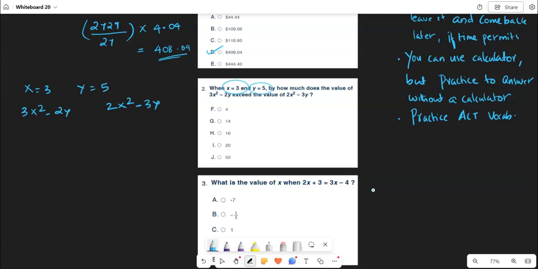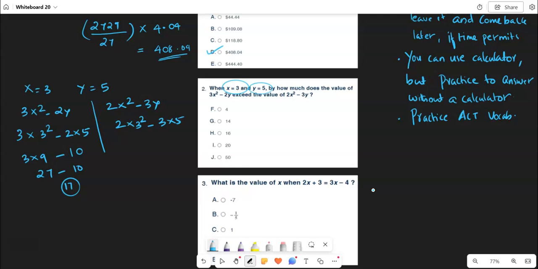When x is equal to 3 and y is equal to 5, the first expression is 3 times 3 squared minus 2 times 5. The second expression is 2 times 3 squared minus 3 times 5. So 3 times 9 minus 2 times 5, which is 10. 3 times 9 is 27, minus 10, that is 17.